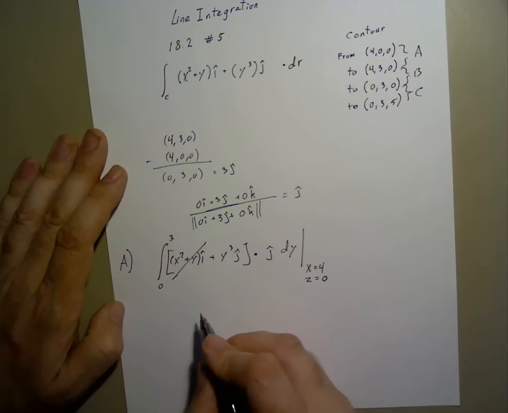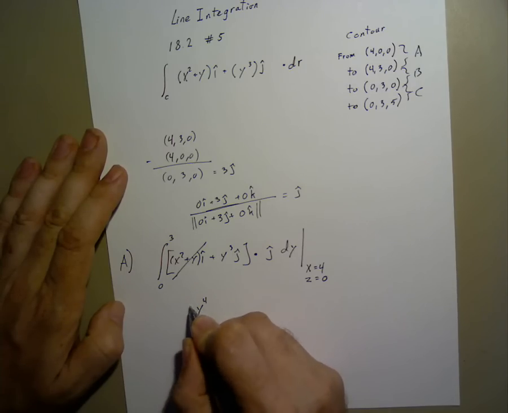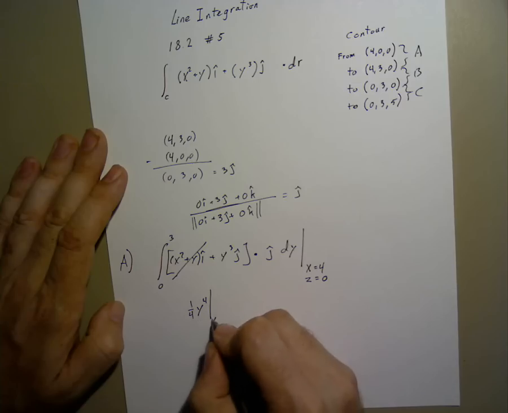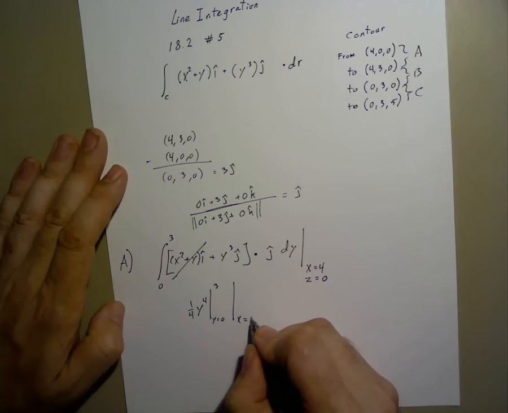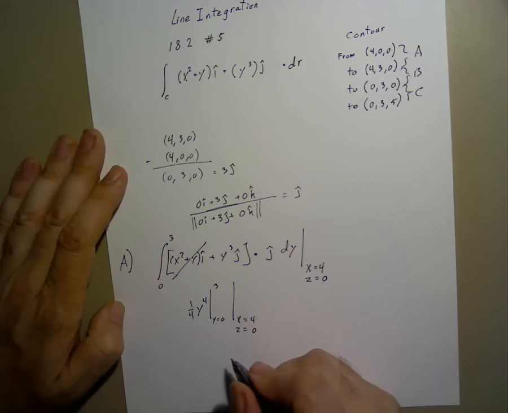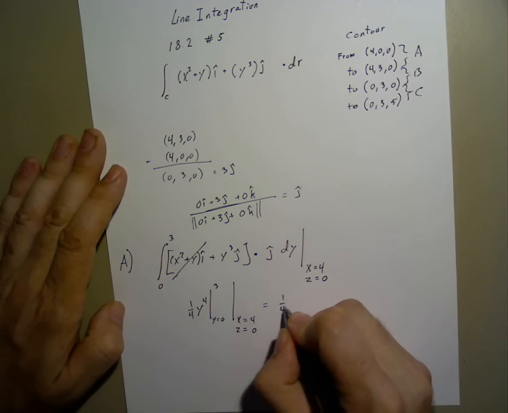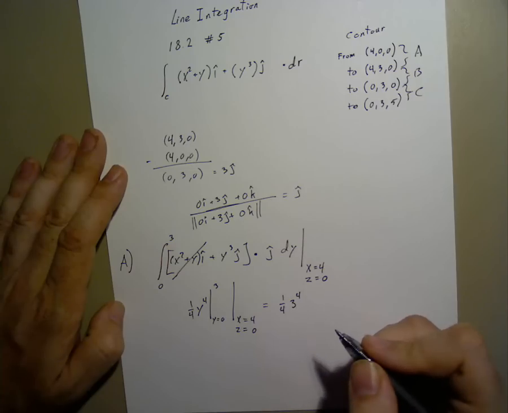This will give us 1/4 y to the 4th integrated from y equals 0 to 3, and simply x equals 4, z equals 0. This equals 1/4 times 3 to the power of 4.